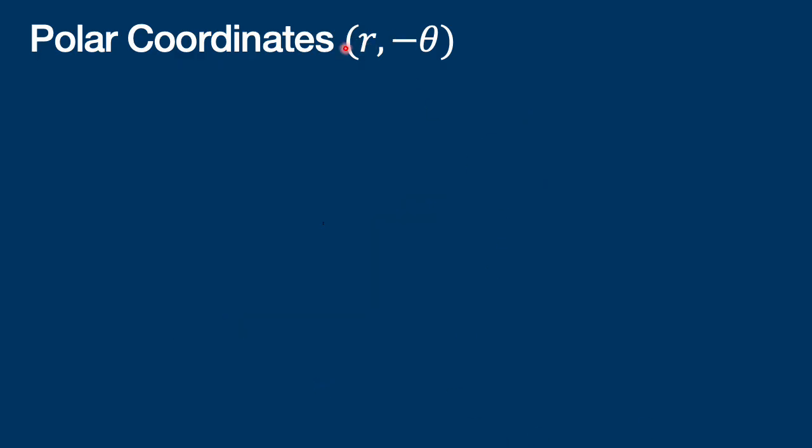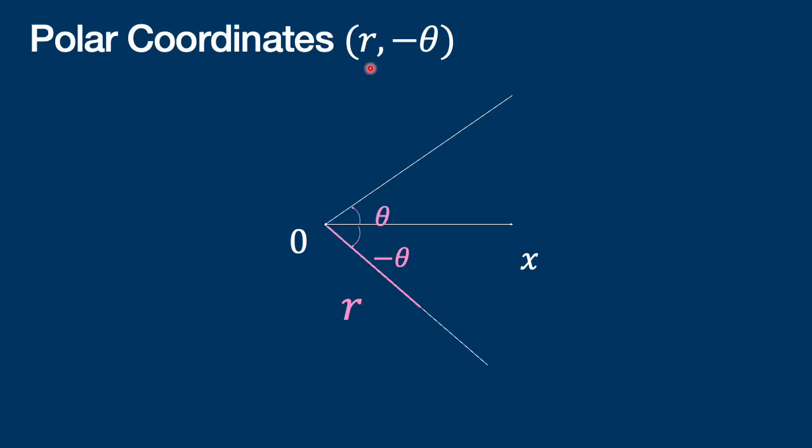Then how are we gonna define the case where distance r is positive and the angle is negative? Same thing. The polar axis is the x-axis. Here is the origin. You sketch the positive angle first, right? That's the line. Then we draw the negative angle, clockwise. That's gonna be negative theta. We find the distance from the origin, that's r.